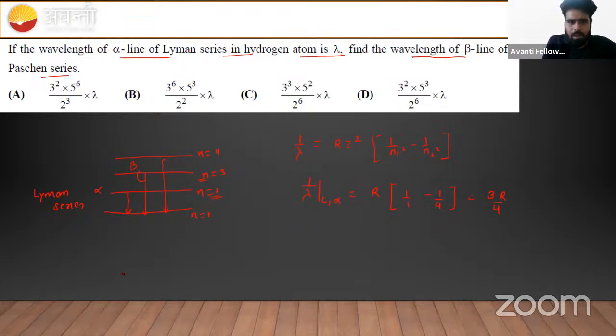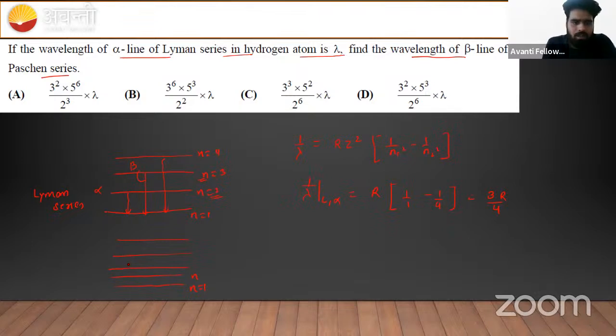In a similar manner, for the Paschen series, this is n equal to 1, n equal to 2, n equal to 3. The energy is incident from levels higher than n equal to 3.